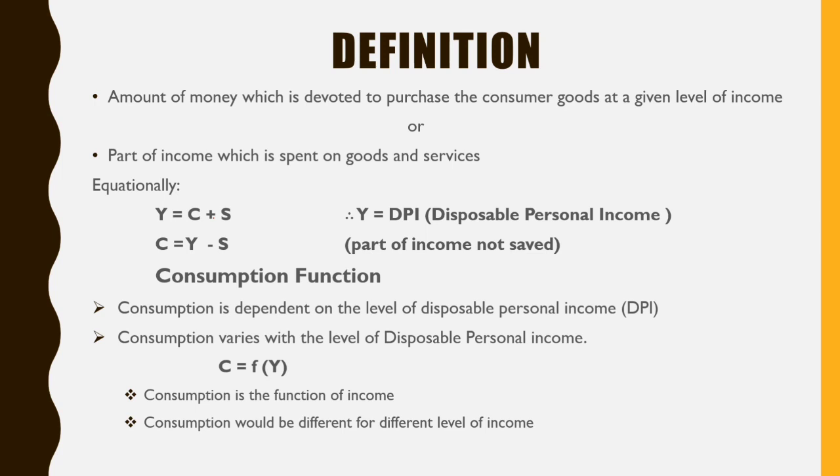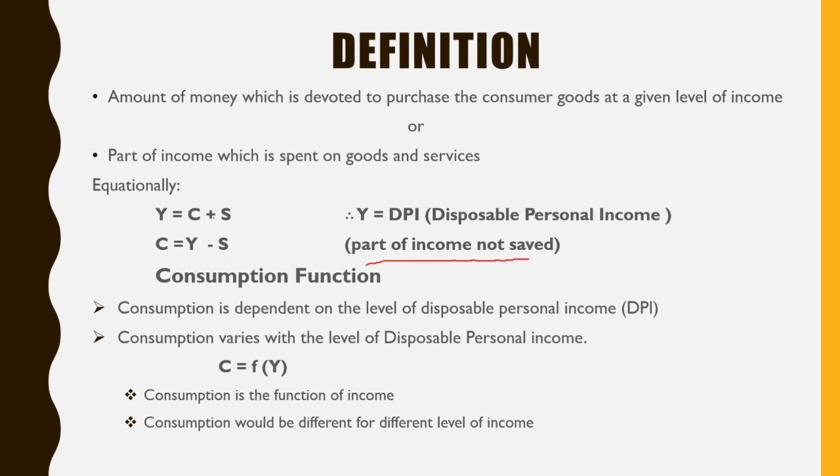In the form of an equation, disposable personal income is the combination of both consumption and saving. If we solve this equation for consumption, we can derive that consumption is equal to disposable personal income less saving. By using this equation, we can define consumption as the part of income not saved.